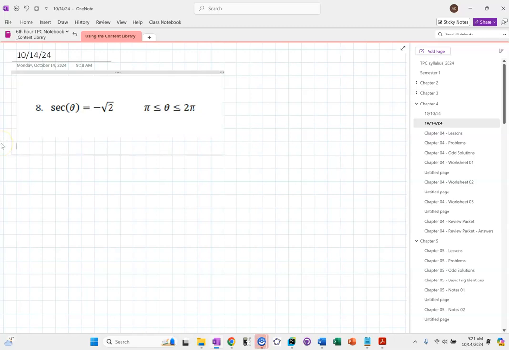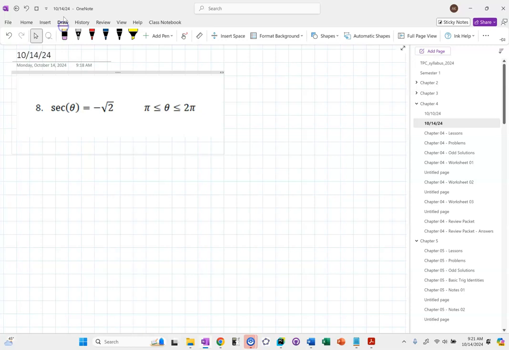All right. So it's a little bit tricky here in that we have a secant, but it's okay. Let's start by translating this secant problem into a sine, cosine, or tangent problem. It'll be easier to look for things on the unit circle by doing so.